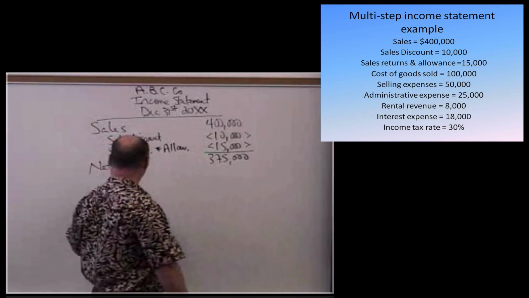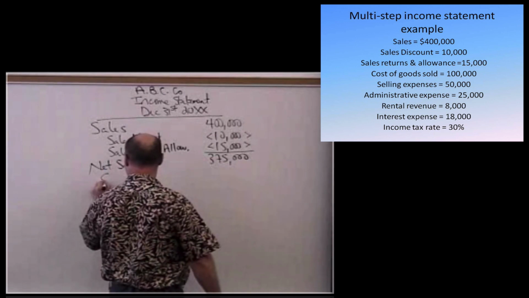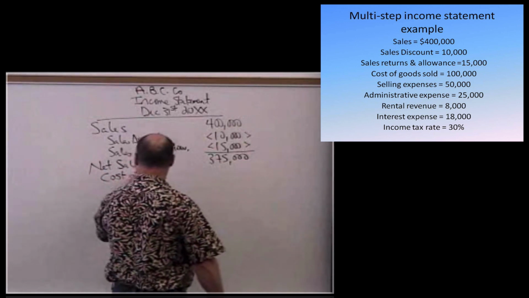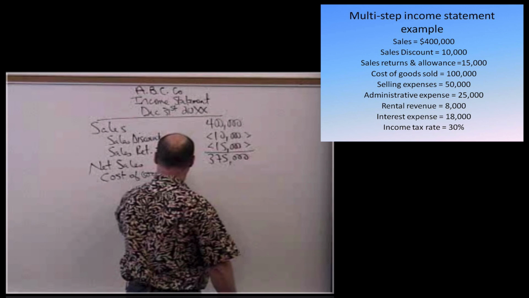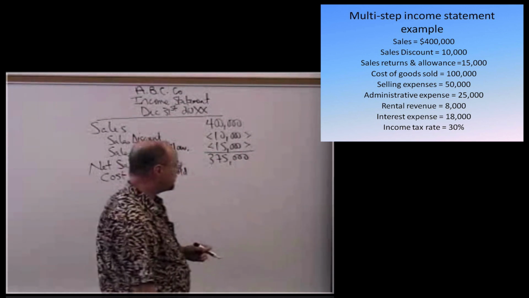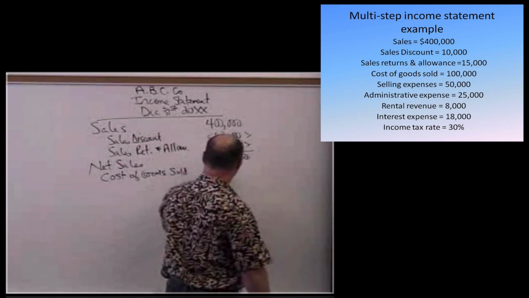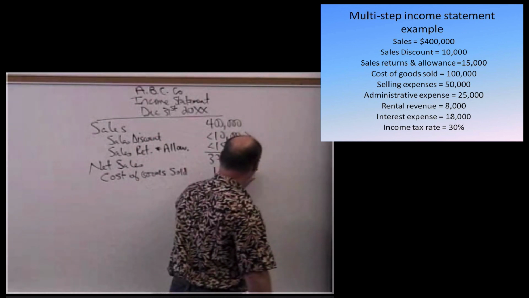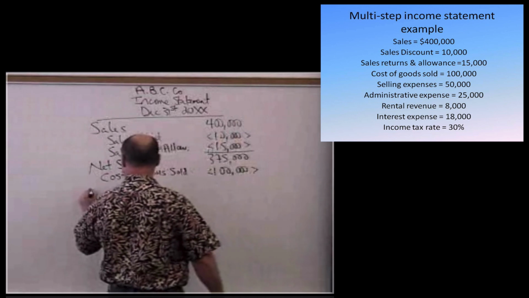From net sales, I would subtract cost of goods sold, frequently abbreviated just CGS, and that is $100,000. So I got a pretty nice gross profit margin here, and this gives me gross profit.